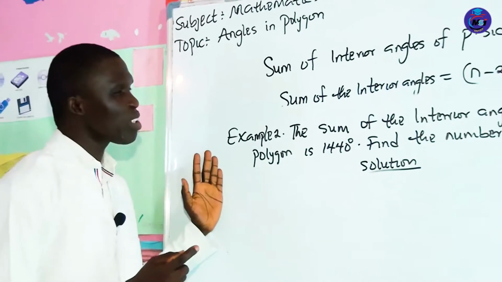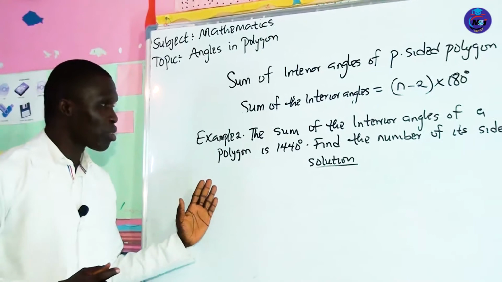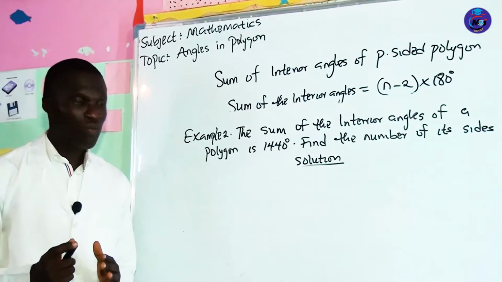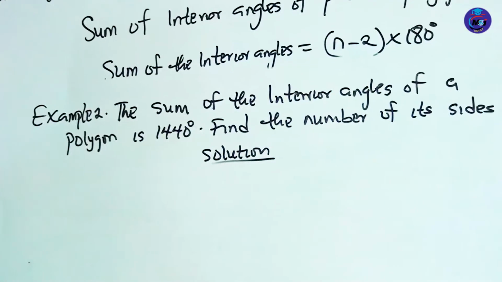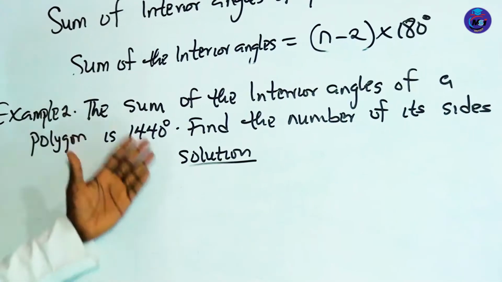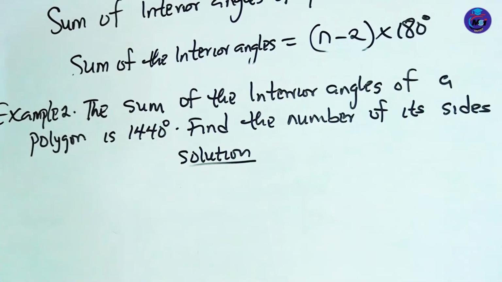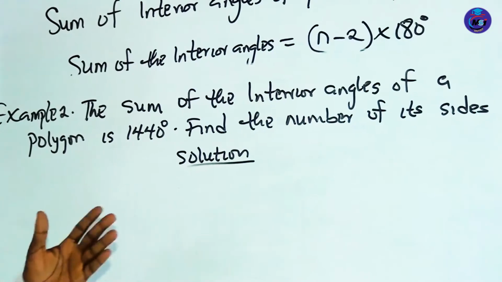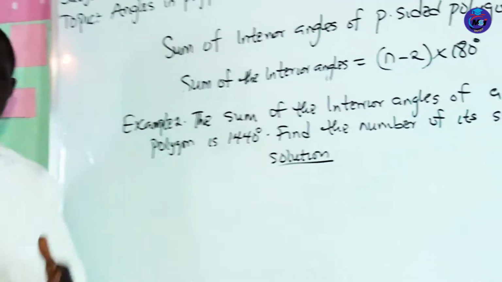If you compare this question with the one we solved previously, we see that there's a little bit of difference here. The sum of the interior angles of a polygon is 1440 degrees. Find the number of its sides. So what we are looking for now is n.